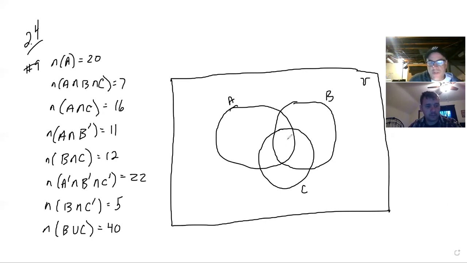We always want to start where all 3 overlap, the intersection of all 3, which is given to be 7 elements that are in A and B and C. So that's 7, and I have used that piece of information.